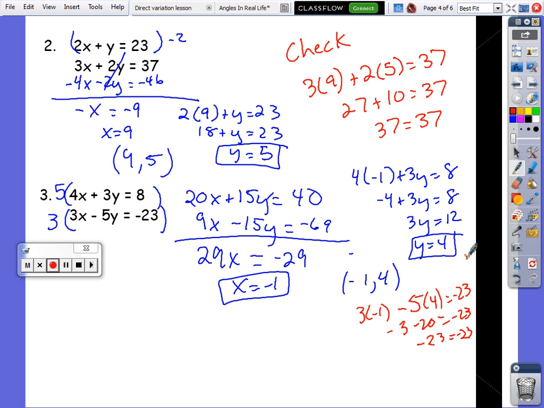And they check out beautifully. So that ordered pair is -1, 4.